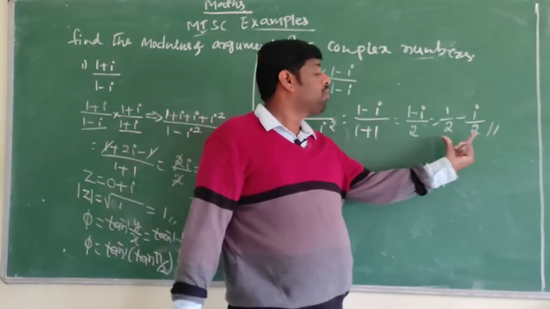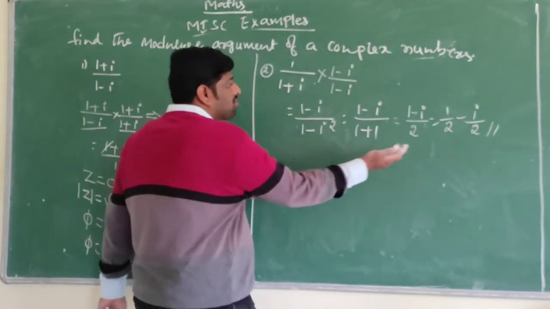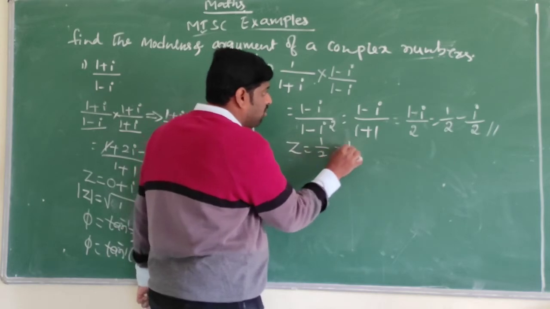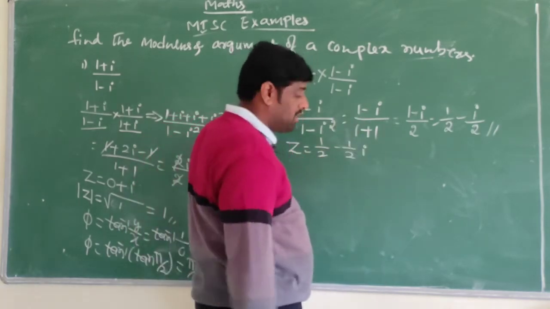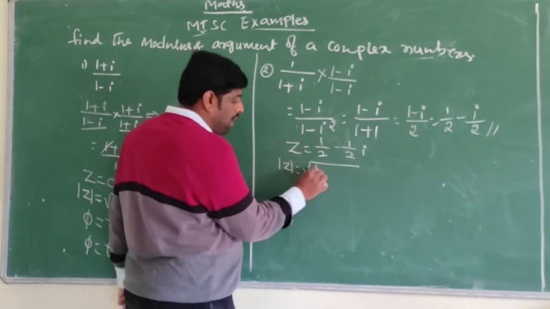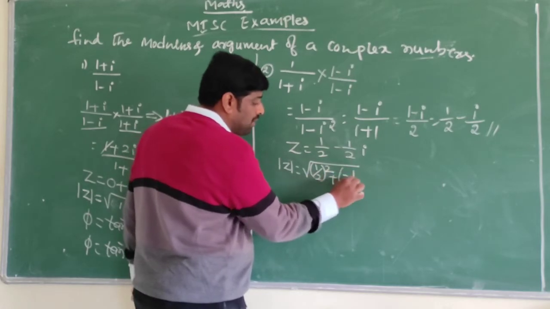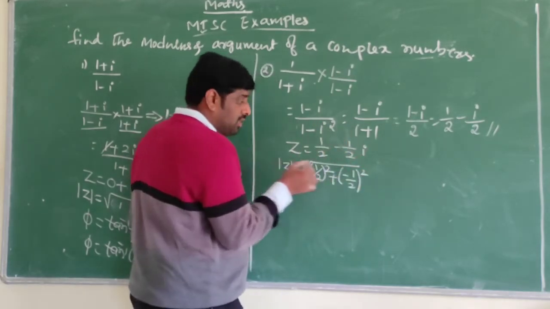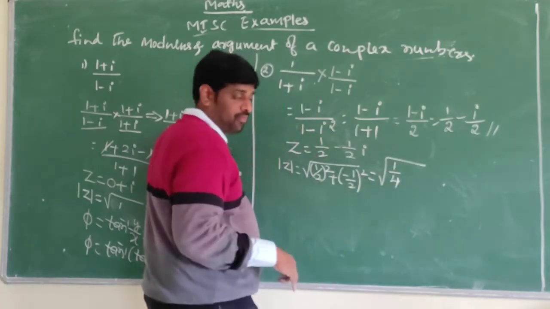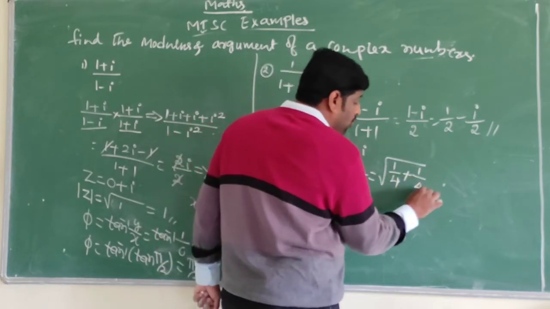For this number we have to find the modulus and argument. So the modulus of this number: z is equal to 1 by 2 minus 1 by 2 i, that is modulus of z is equal to square root of (1 by 2) whole squared plus (minus 1 by 2) whole squared, that is 1 by 4 plus 1 by 4.